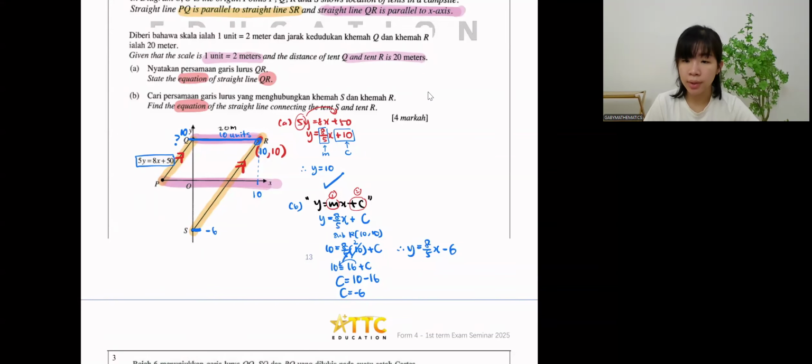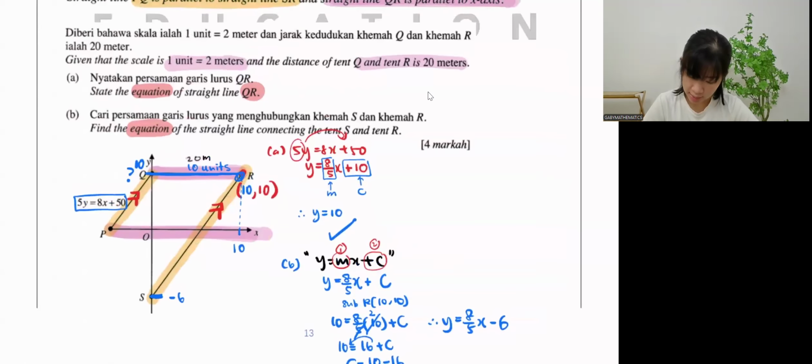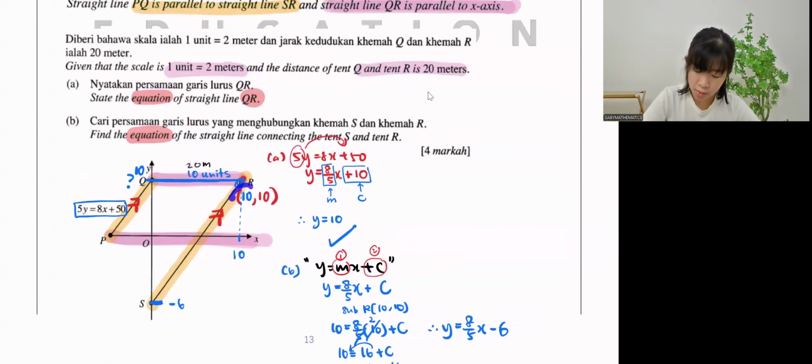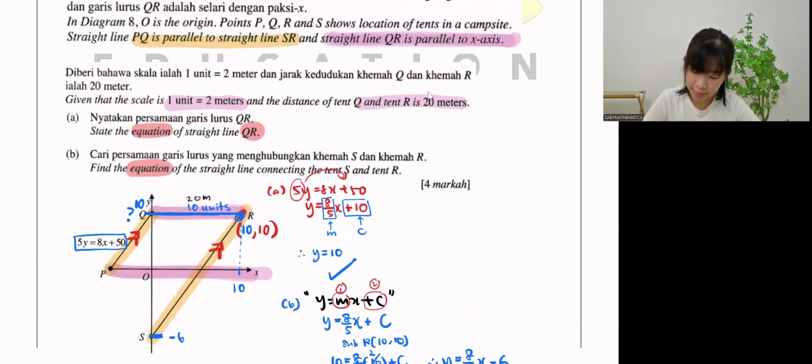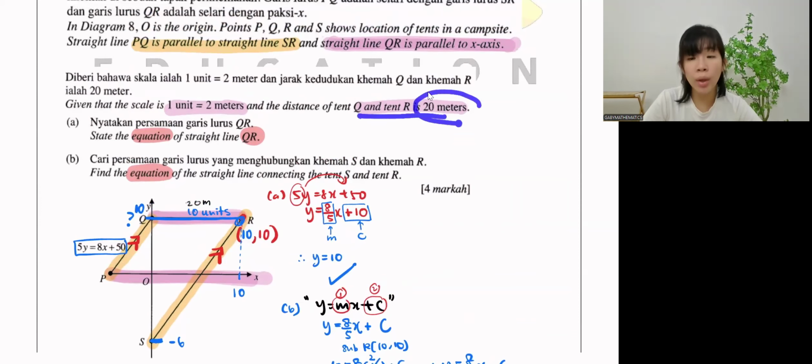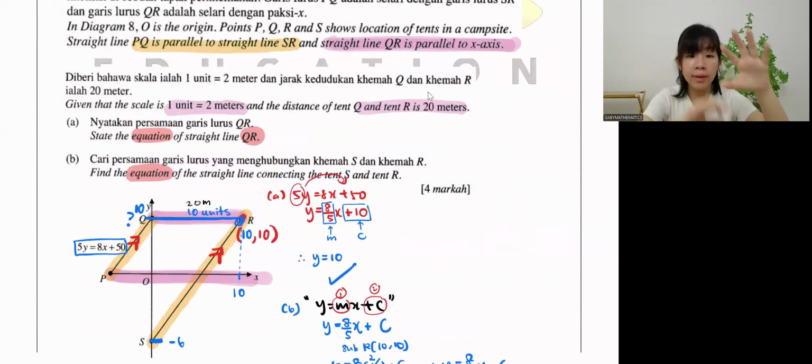Why is the x for QR 10? Okay, now I repeat. Why is the x coordinate 10? Because the question mentioned QR is 20 meters, and the question said 1 unit is 2 meters. So 20 meters is the actual size, but when we draw on the x and y axis, we use units.